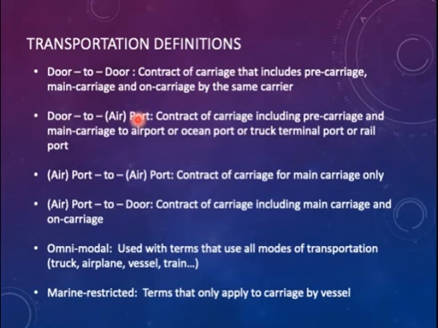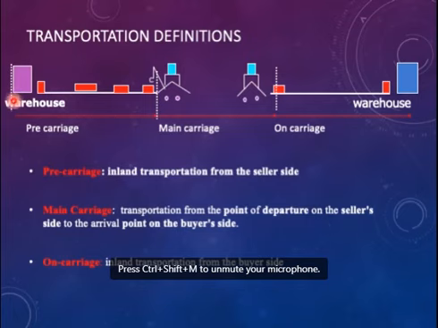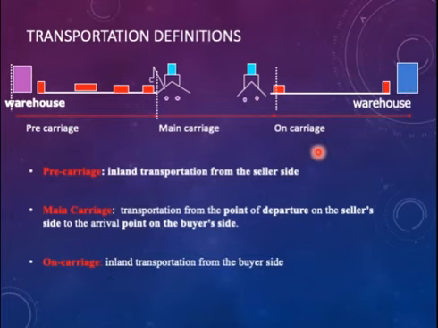The next definition is door to port. Door to port means the contract of carriage including pre-carriage and main carriage. This is the door to port contract. And door to door here means from here to here, by one carrier. The next is port to port.